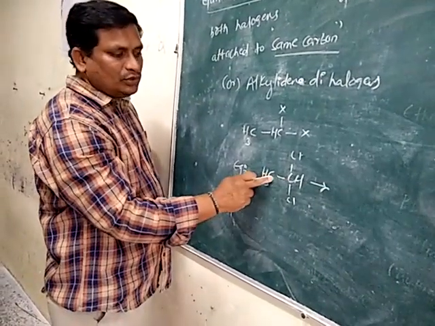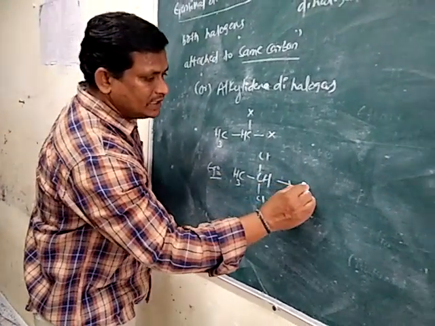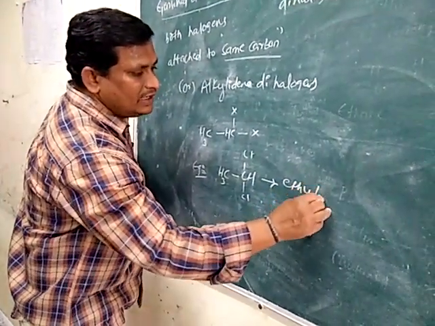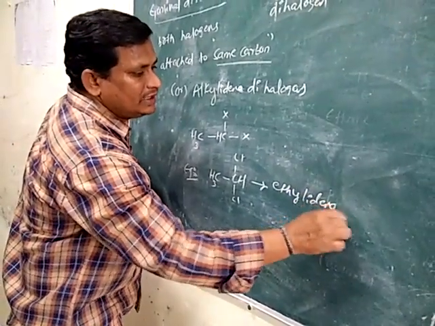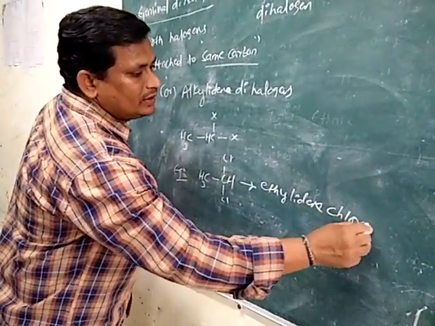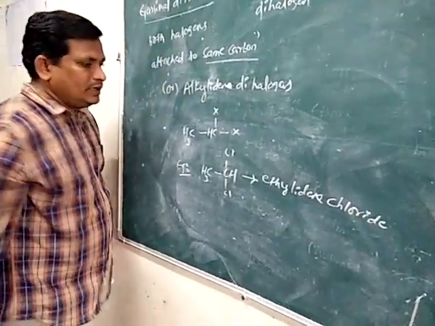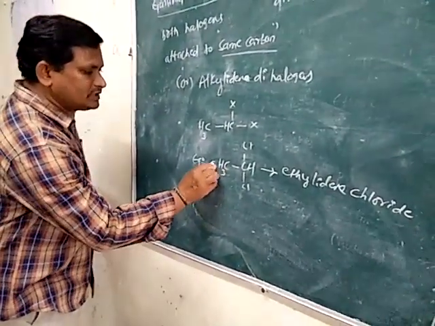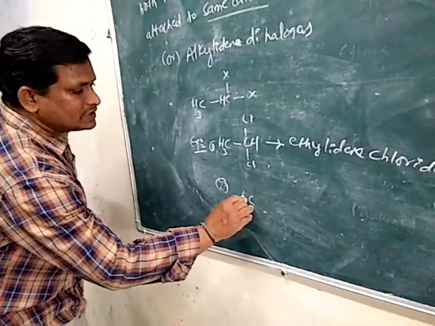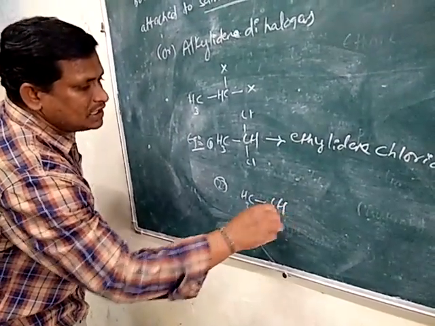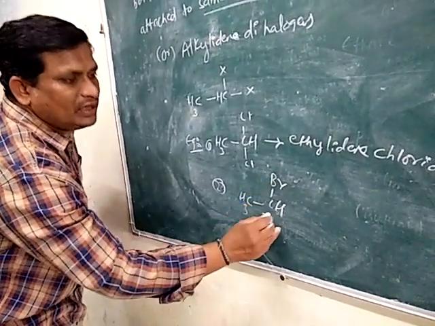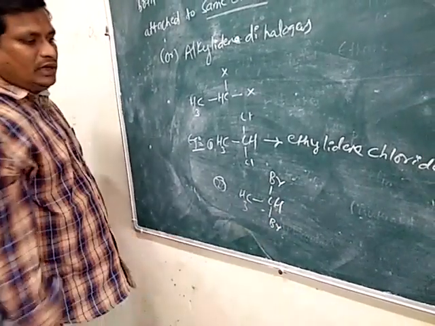In this compound two carbons are present, so it is ethylidene chloride. Same as the second example, it is CH3, CH, Br, Br.